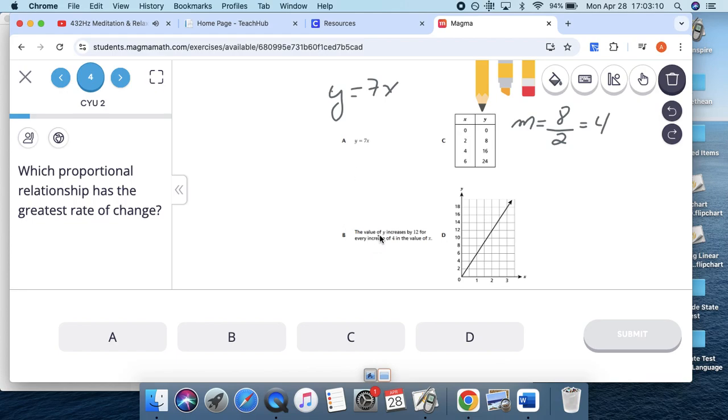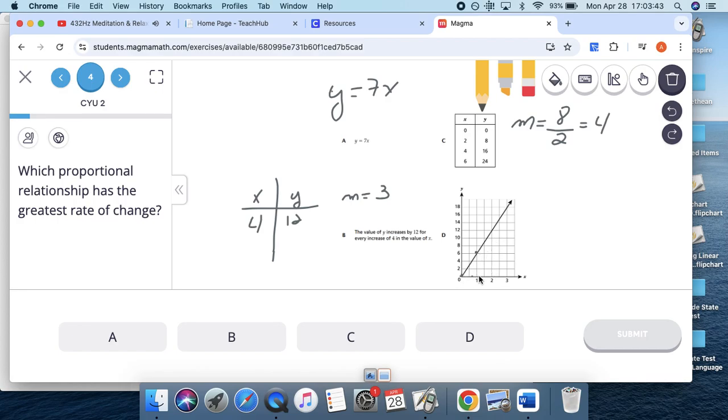For the next one, the value of y increases by 12 for every increase of 4 in the x value. So we have x is 4, y is 12. Because it's proportional, we know that the rate of change here is 3. And for this one, again, pick 2 points: 0, 0. Let me pick another point here that I can actually see, right here.